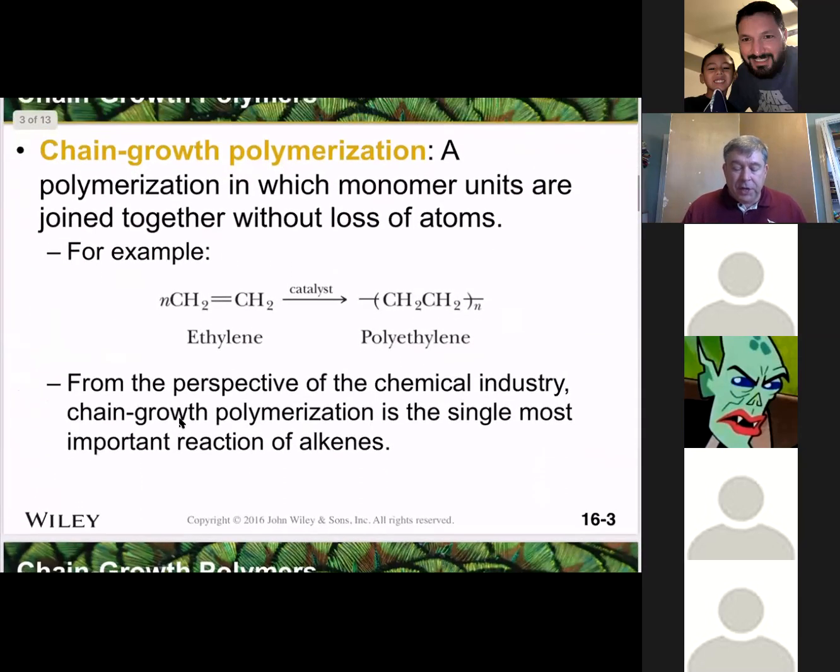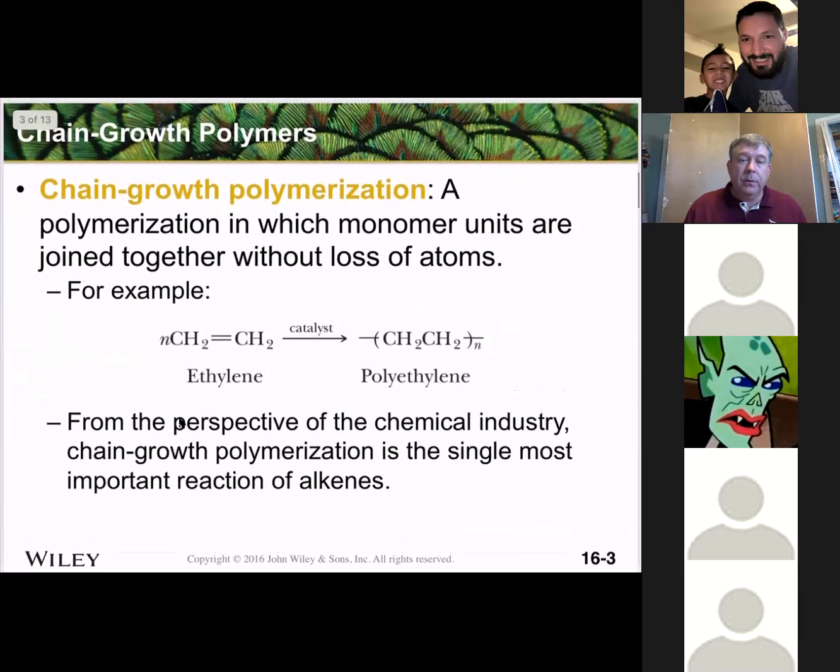In a chain growth polymer, we typically join the molecules together without losing any other atoms. Notice when we were reacting all of those other molecules for the step growths, we typically lost something like water or a small molecule like ethanol or methanol.